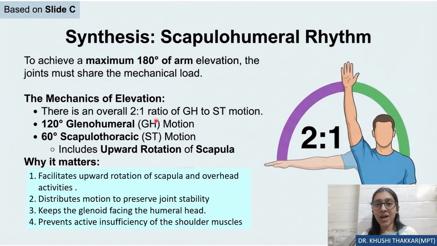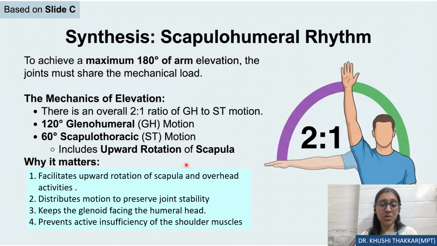In that quick answer giving of MCQ of 1 second in CET, though we know the right answer, sometimes it happens that we click the wrong option. So always remember 2 is for glenohumeral and 1 is for scapulothoracic. This includes upward rotation of scapula, be it in flexion, which includes more rotation, that is internal and upward rotation, or pure abduction.